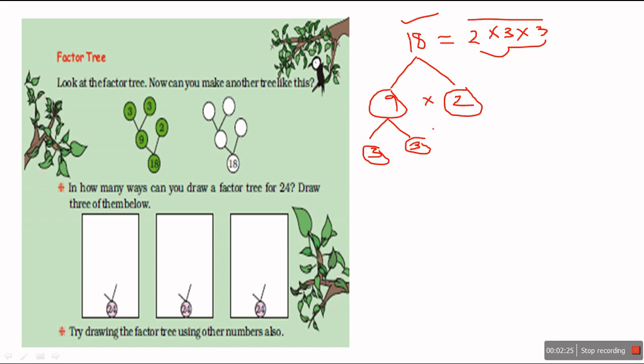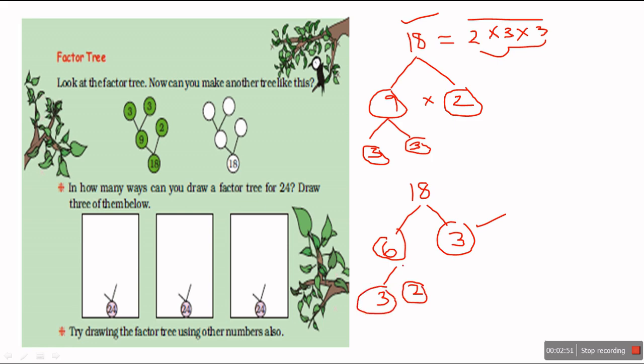There can be another method. For example, 18. We know 6 times 3 is 18. So this time 3 is prime, and this branch will stop here. 3 times 2 is 6. This 3 is prime, 2 is prime, so the factor tree will finish here.